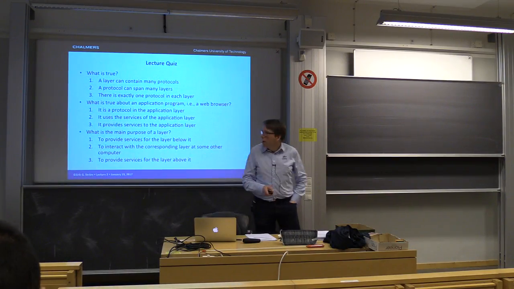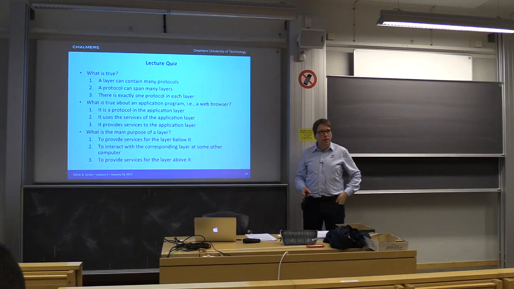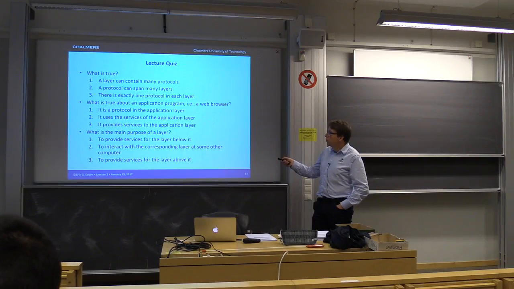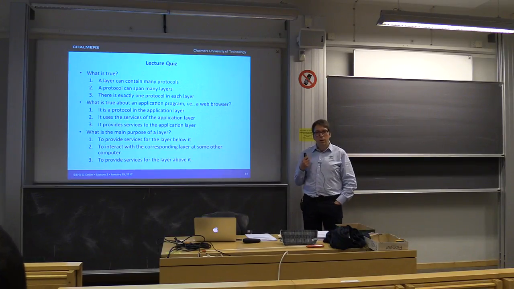Okay, so a quick quiz here, and you don't get credit for this, but just to figure out where you stand. What is true? A layer can contain many protocols. A protocol can span many layers. There is exactly one protocol in each layer. I'll let you think for 10 seconds, and then we'll have a vote.